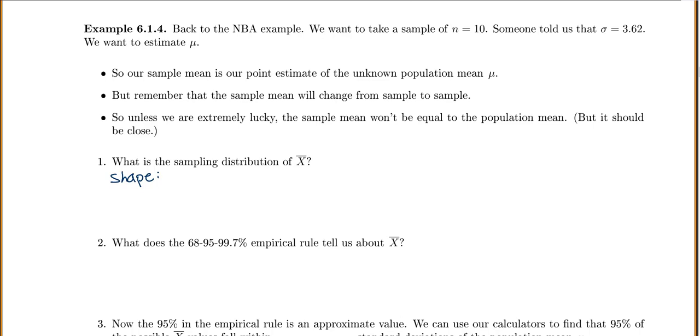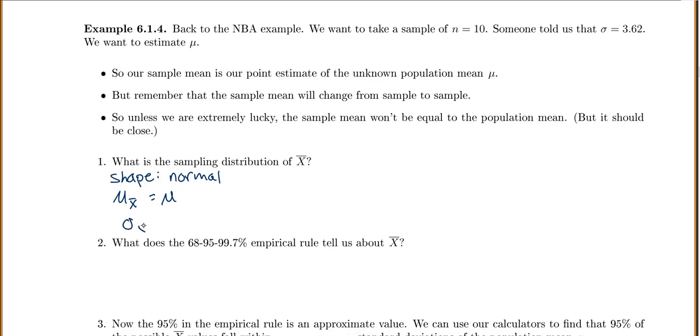Well, heights are usually normally distributed, so because our original distribution is normal, our shape will also be normal. Then we need to find the mean for all the possible values of x bar, and this will just be equal to our original mean, which we don't know yet, so we'll just leave it as mu.